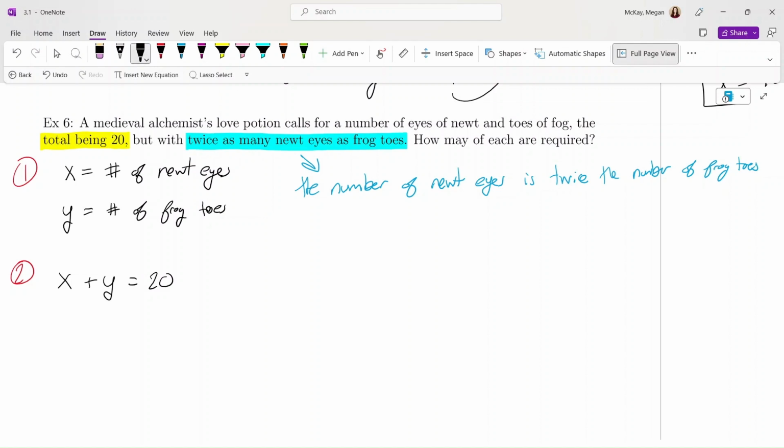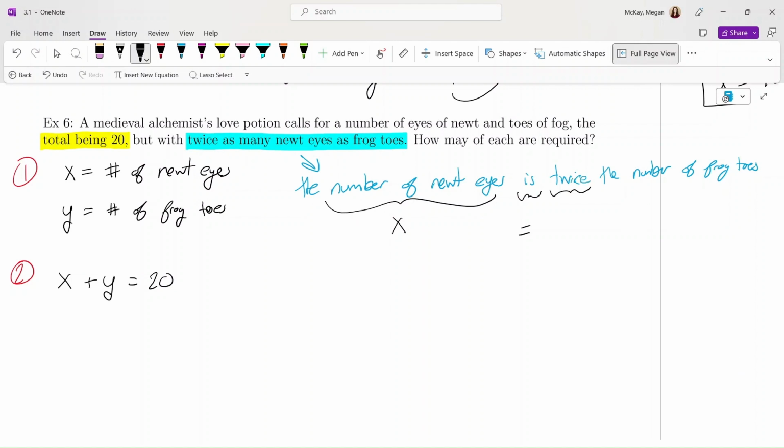The number of newt eyes, that is the variable x, is, in mathematical statements, represented by an equals sign. This is the word twice. I know it doesn't look like there's an extra C in there. We'll add that. There we go.